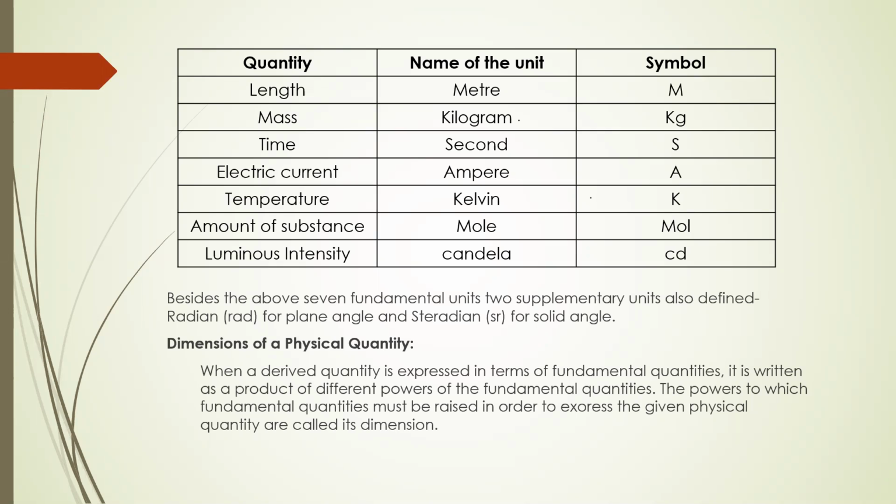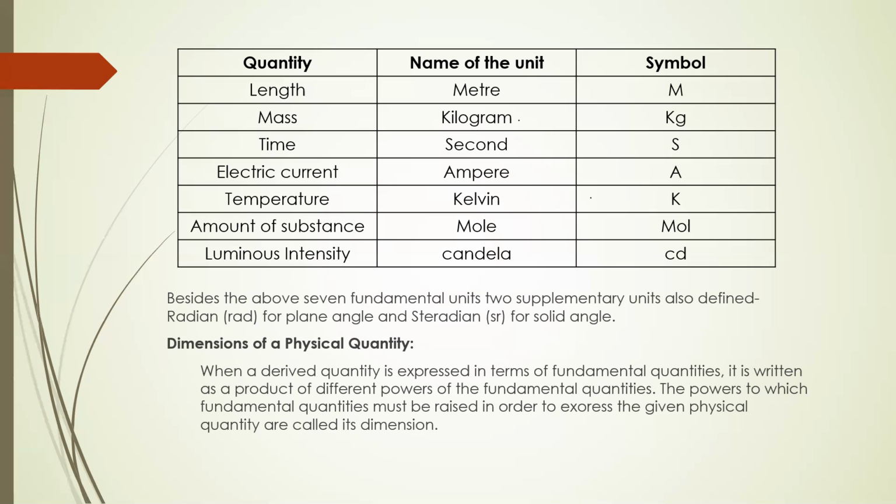The unit of temperature is the kelvin, denoted by K. The amount of substance is taken as the mole, written as mol, and luminous intensity is the candela, cd. Besides the above 7 fundamental units, 2 supplementary units are also defined: radian for plane angle and steradian for solid angle.